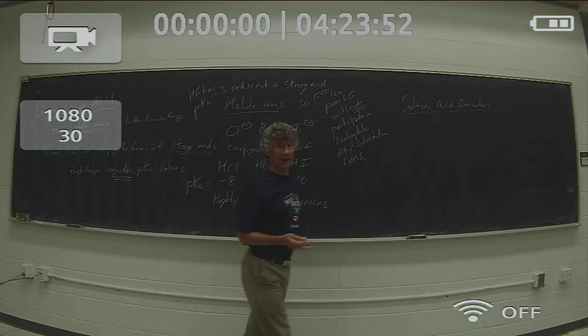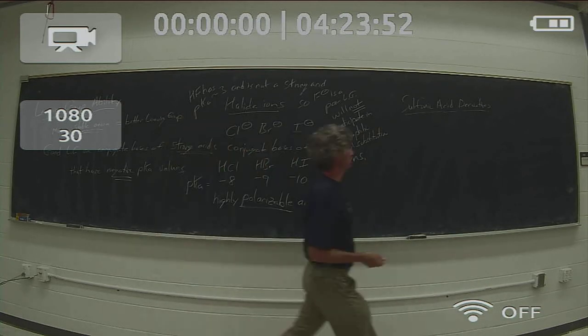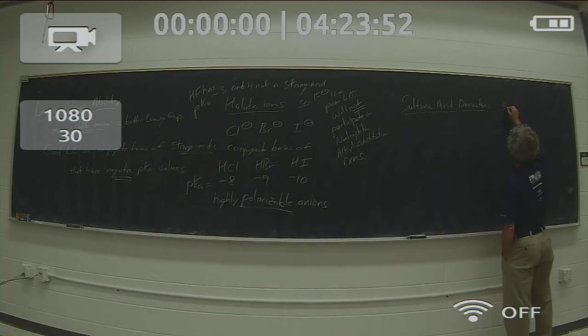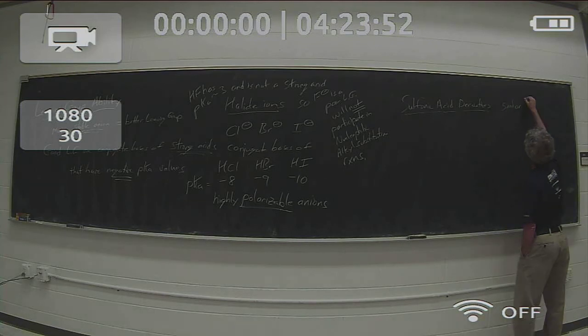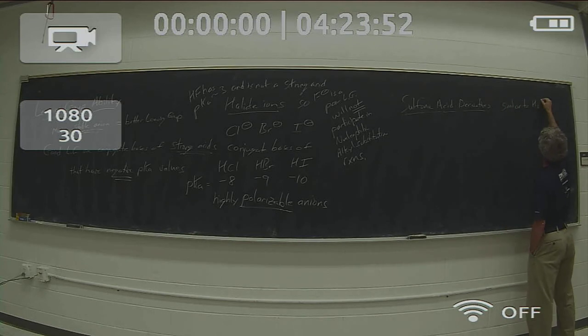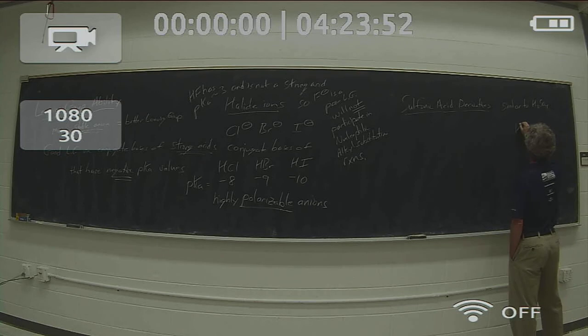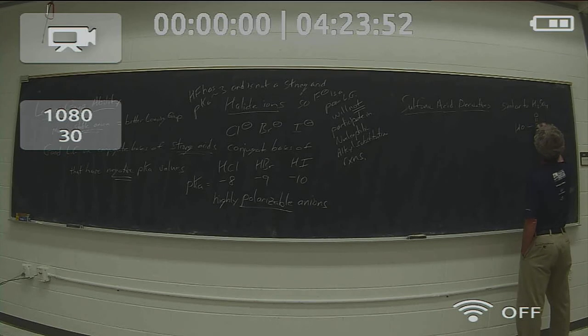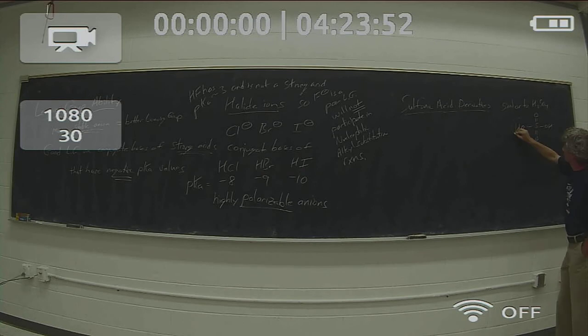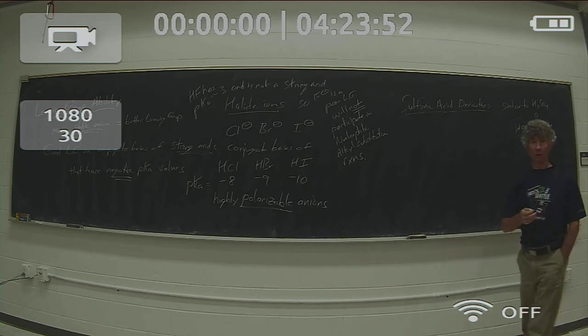A sulfonic acid is similar to sulfuric acid. We know sulfuric acid is a strong acid. The difference being in a sulfonic acid, one of these OH groups has been replaced with a carbon.